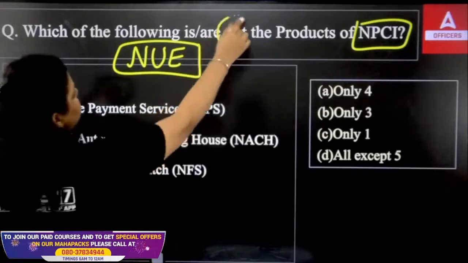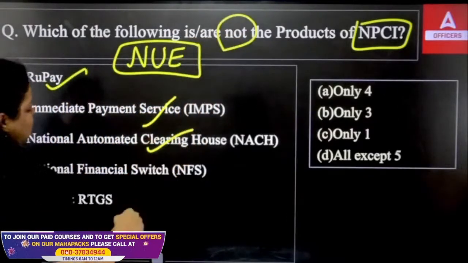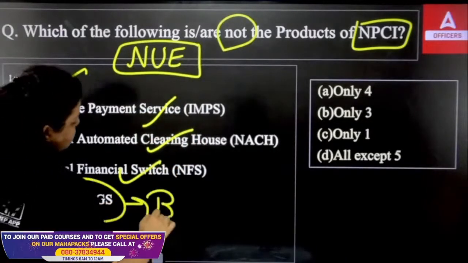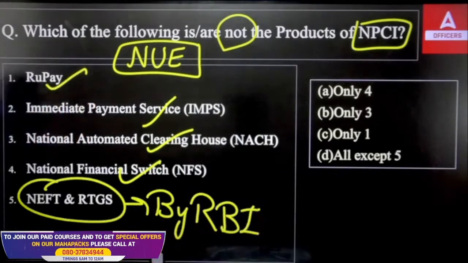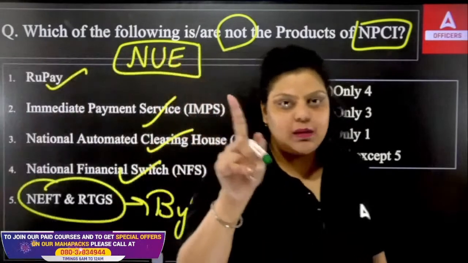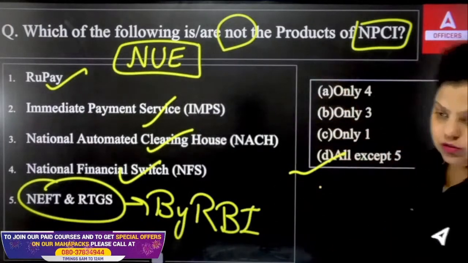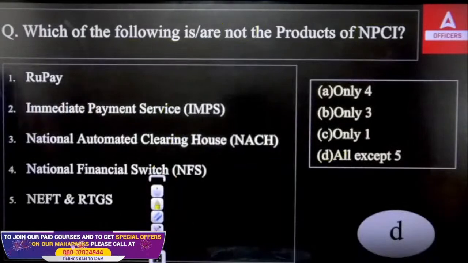Now, which of the following is not a product of NPCI? RuPay is a product, IMPS is a product, NACH is a product, NFS is a product, but not NEFT, RTGS. They are managed by RBI and they both have become 24/7 also. So all are the products of NPCI except the fifth. So right answer will be D option. Okay, next.